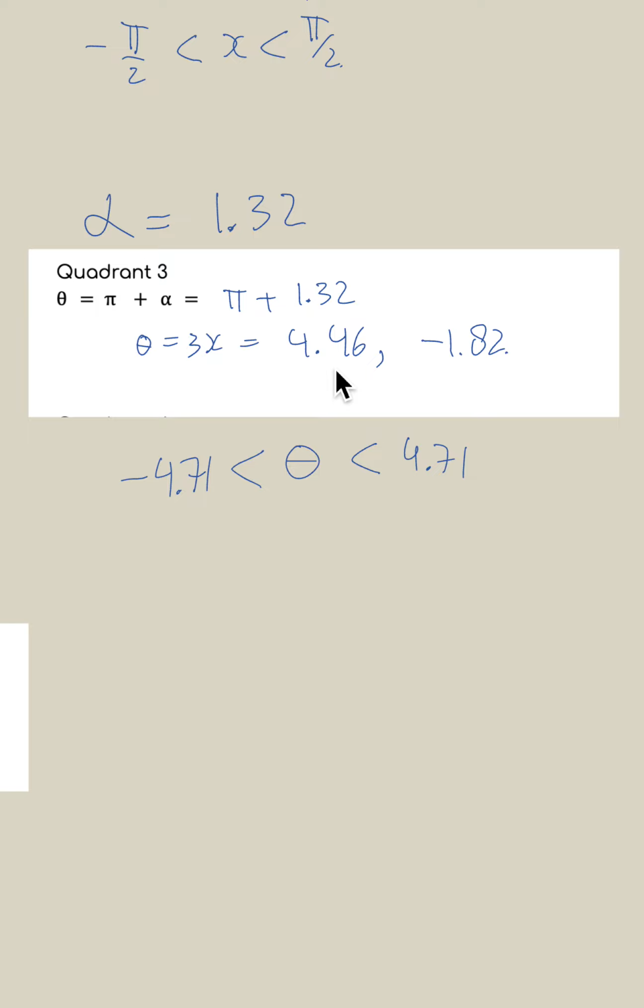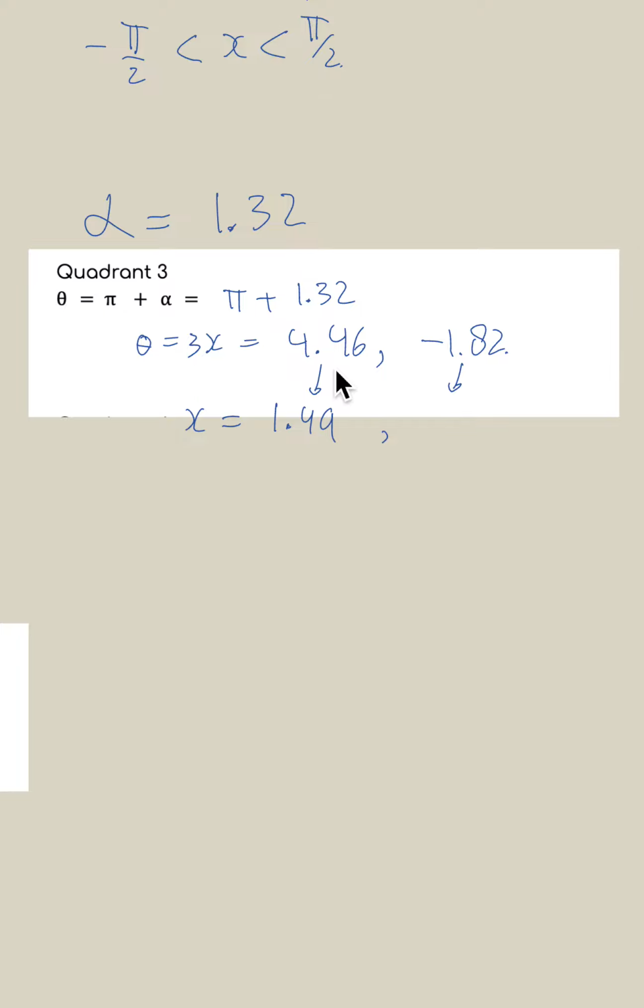So those are the two angles. Is this the answer? No, not yet, because this is 3x, we must find the x value. We simply divide them by 3. So 4.46 divided by 3, you get 1.49. How about negative 1.82?